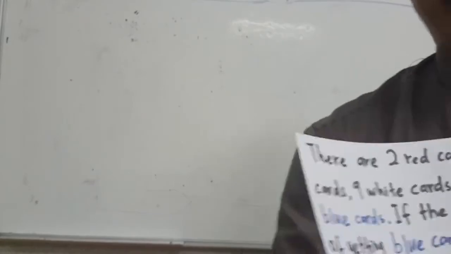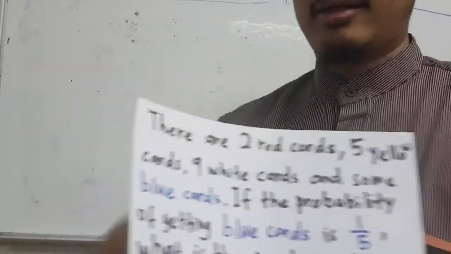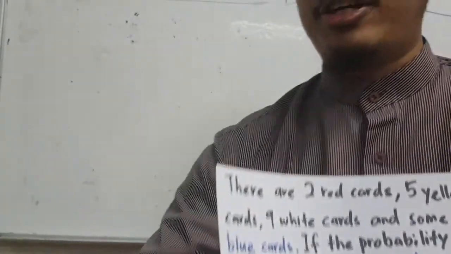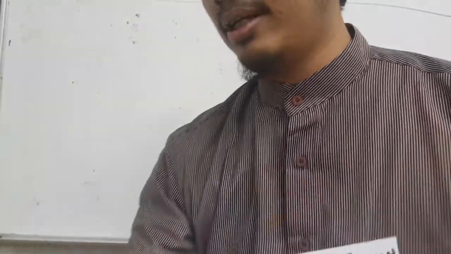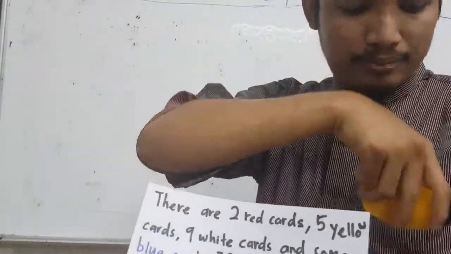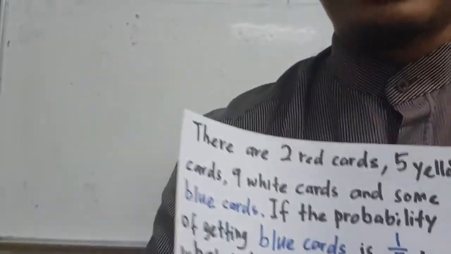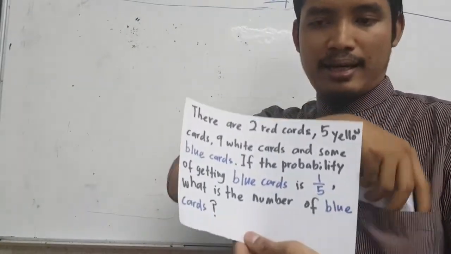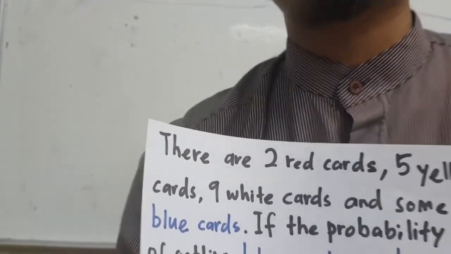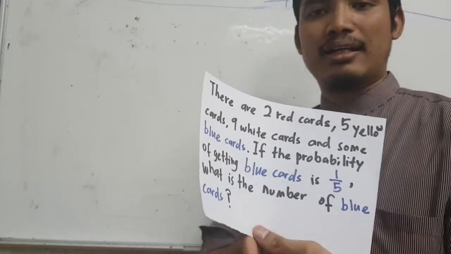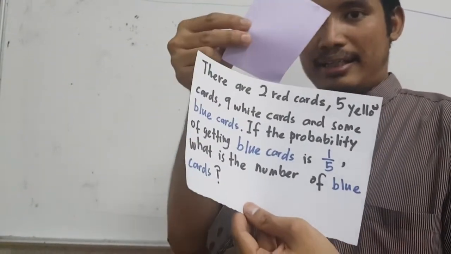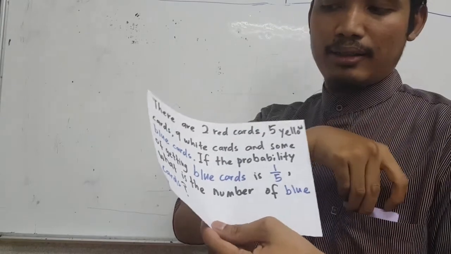We know that there are 2 red cards in my pocket, 5 yellow cards, 9 white cards, and there are some blue cards, but we do not know how many blue cards here.